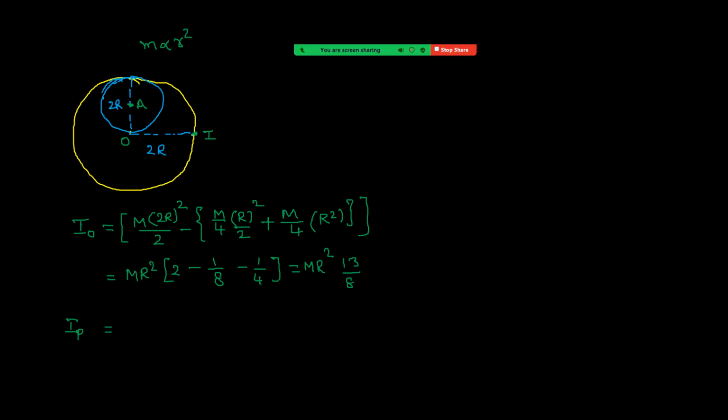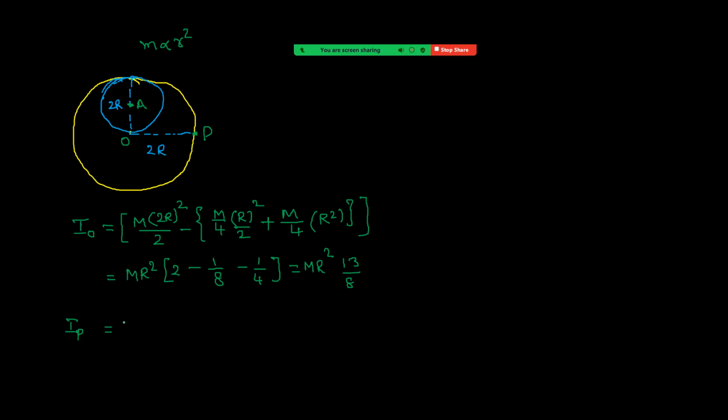Then see about that axis, what is the value? This point is P, right? Not I, it is P. Let me correct it. It is P. About P means it is a tangent normal to the plane of the disk, right?